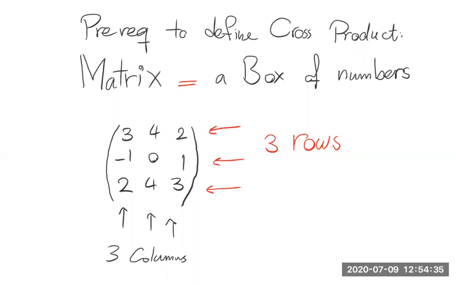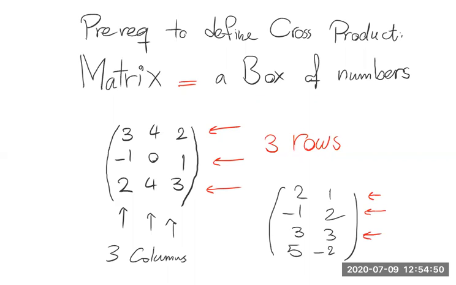Sometimes we might have a matrix where the number of rows and columns are different, like this: 2, 1, -1, 2, 3, 3, 5, -2. This one has 4 rows and 2 columns, right?